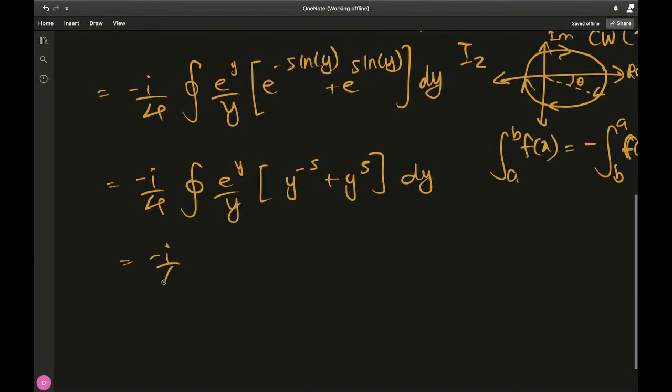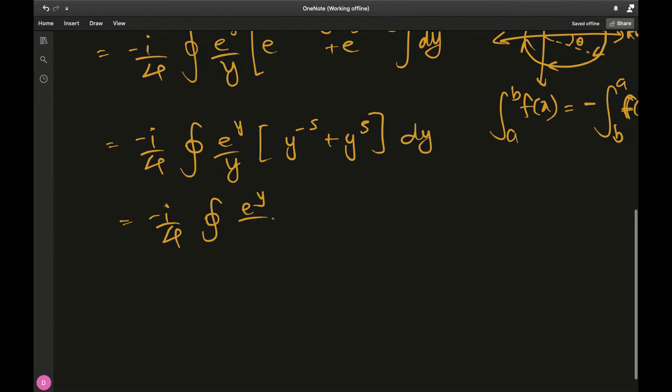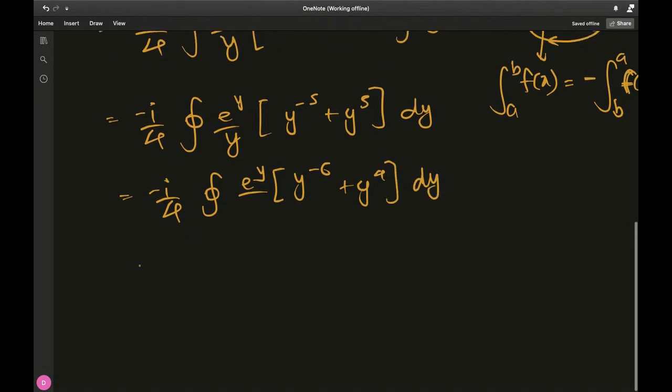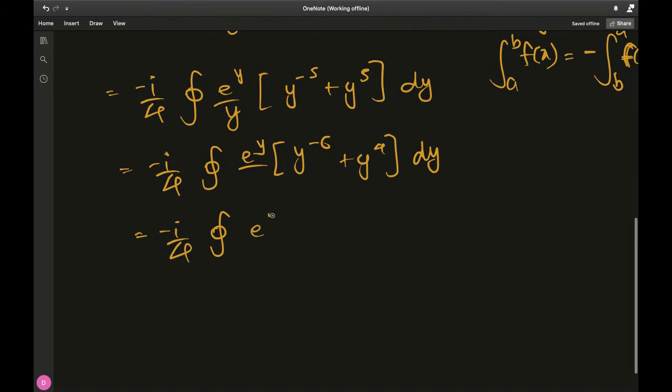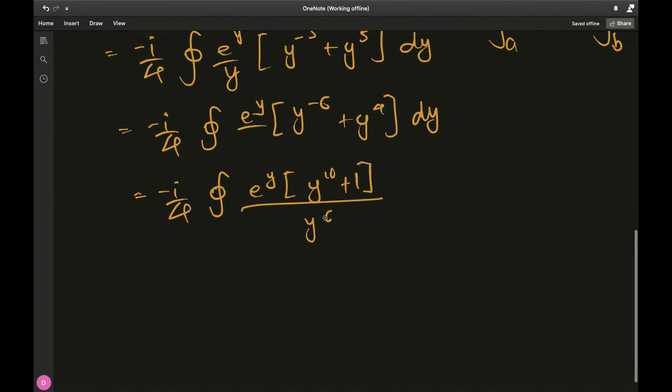We can write this again with a y to the negative 6 plus y to the fourth dy. Now choosing positive powers in the numerator, we will have y to the 10th plus 1 divided by y to the 6th, if I'm not wrong, dy, which is exactly I1.